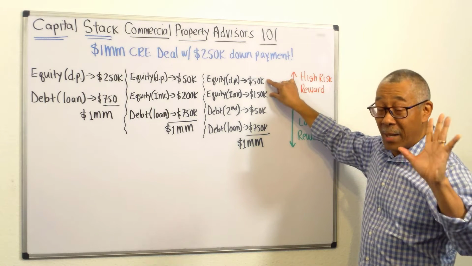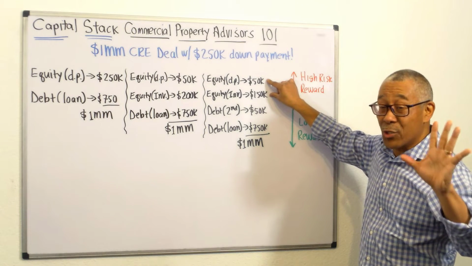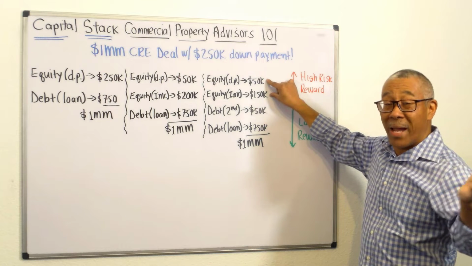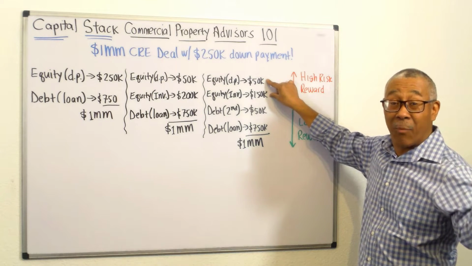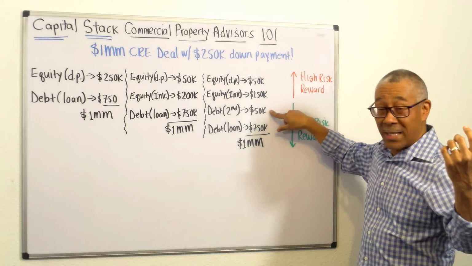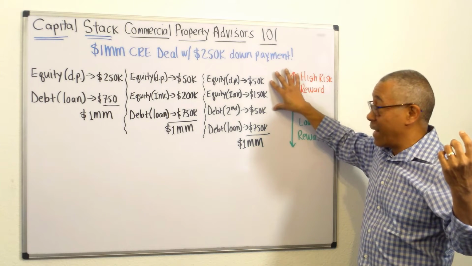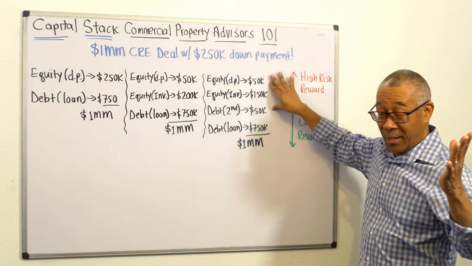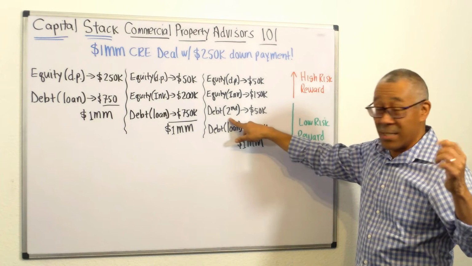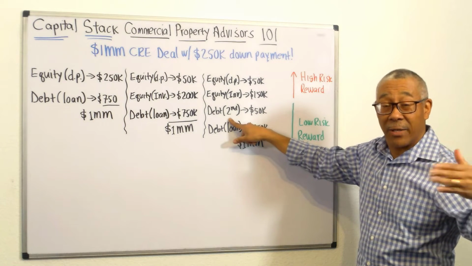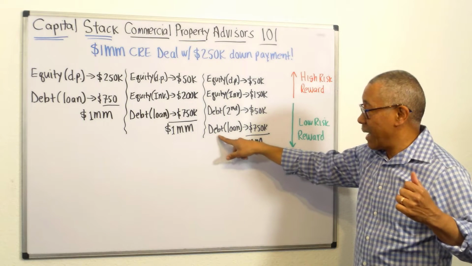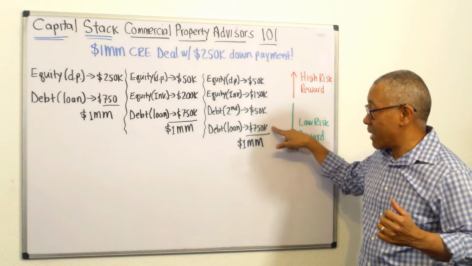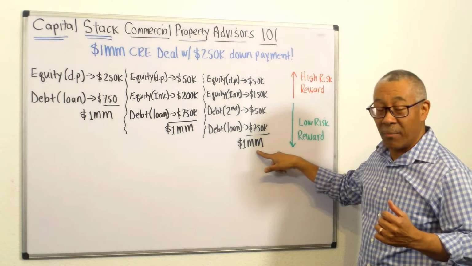But remember, my down payment is $250,000, so I'm short. What I'm going to do is go back to the seller and have the seller carry a second mortgage for me of $50,000, satisfying my down payment of $250,000. We call that debt, so it's in second position: seller carry second mortgage. Then I have my loan from a bank of $750,000, thereby equaling $1 million.